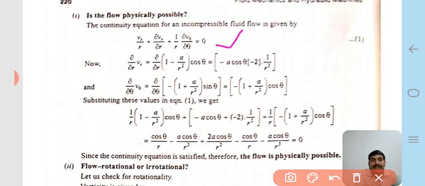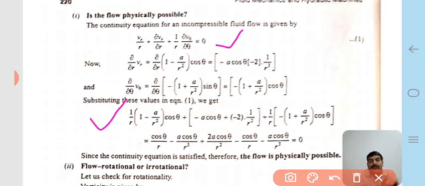Calculating all the values and putting them into the equation, we have 1 upon r into Vr, which is (1 minus a upon r square) cos theta, plus del Vr upon del r, and 1 upon r into del v theta upon del theta, that is minus (1 plus a upon r square) multiplied by cos theta.